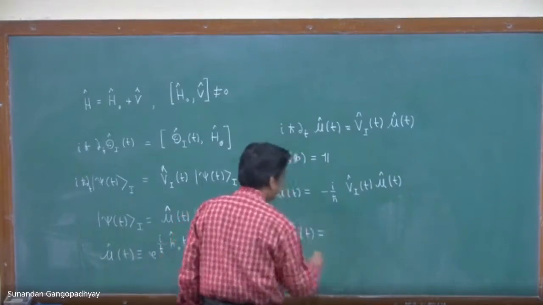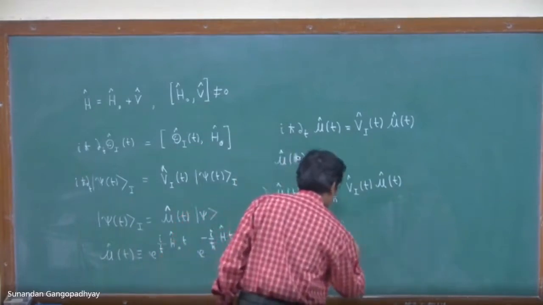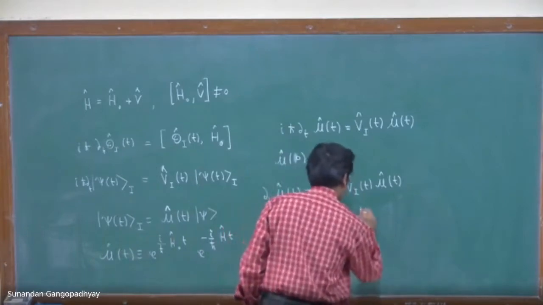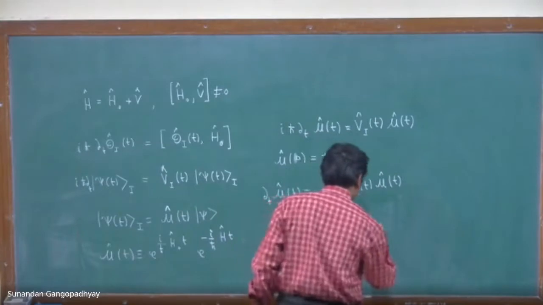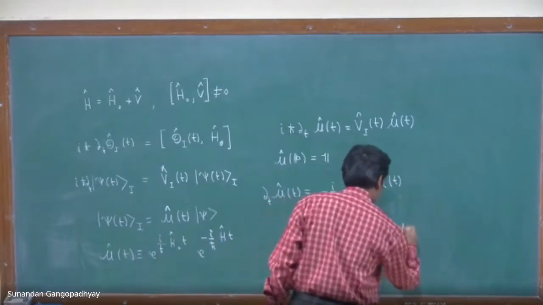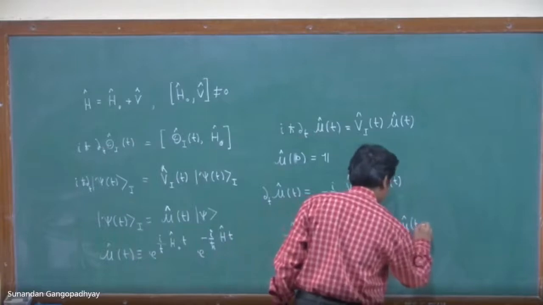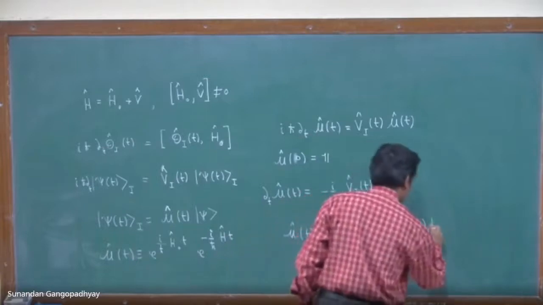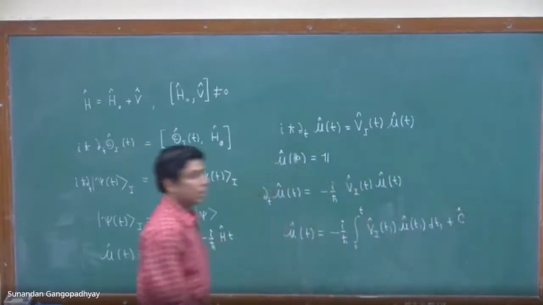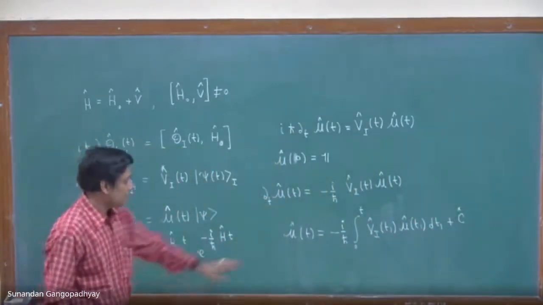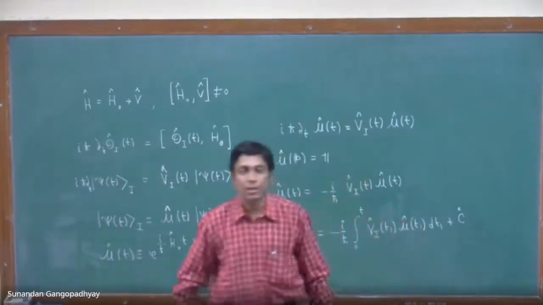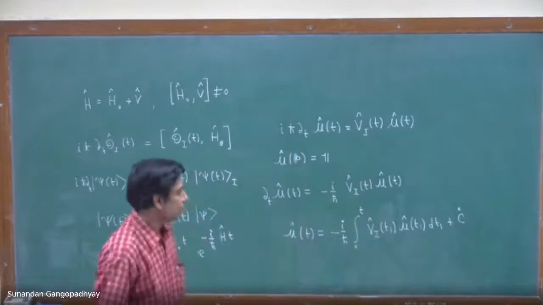We shall get minus i by h bar integral 0 to t V hat I t1 U hat t1 dt1, plus some constant of integration, which is also an operator, because the left hand side is an operator and the right hand side is an operator, therefore the constant of integration must also be an operator. Okay?